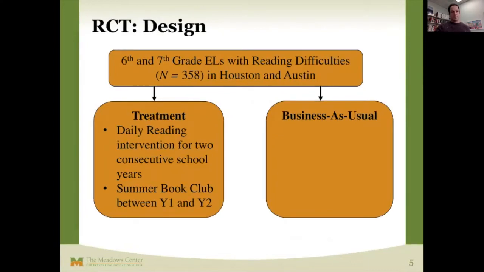Between the 2 years of intervention, treatment students also had the opportunity to participate in a summer book club program. And that summer book club program was self-directed insofar as the students were provided books and the opportunity to engage online with the research team. But the instruction was not in person during the summer months.